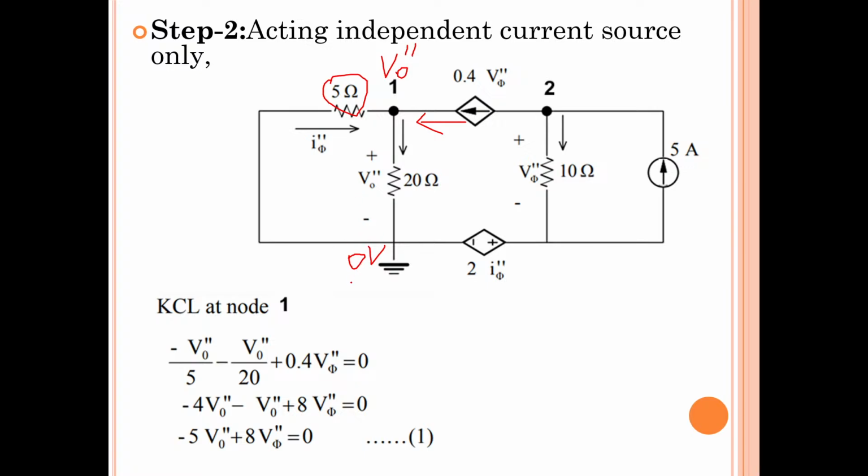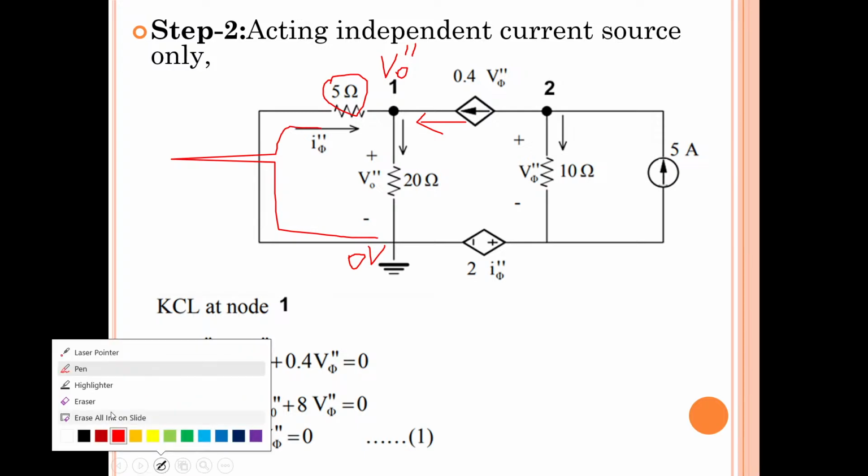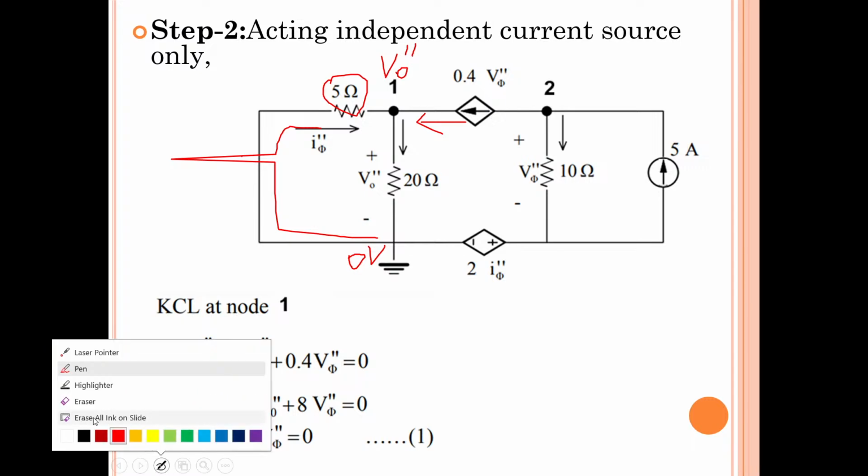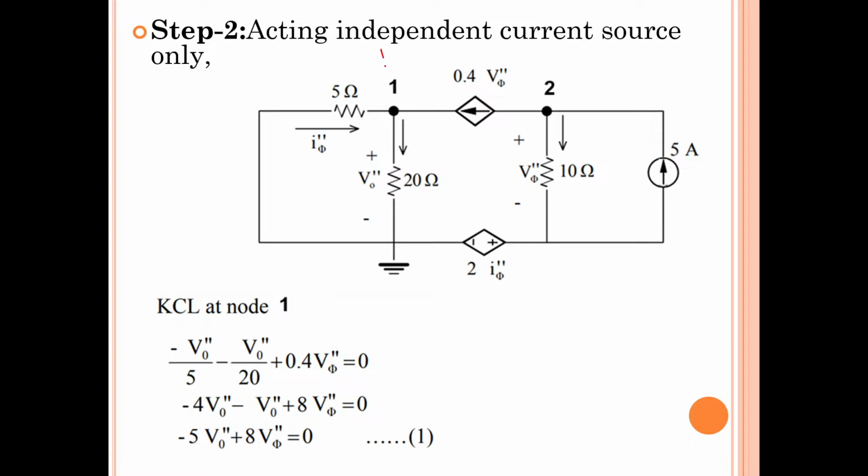Current in the 5 ohms resistor is I equals V by R. The current direction is like this, travelling from the reference node, where voltage is 0.